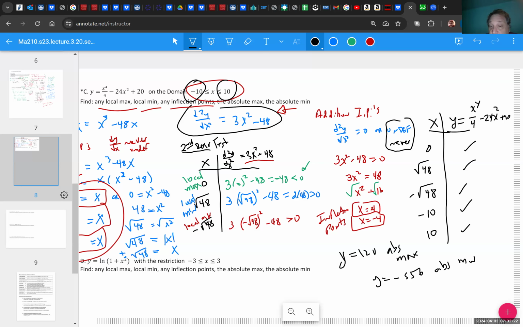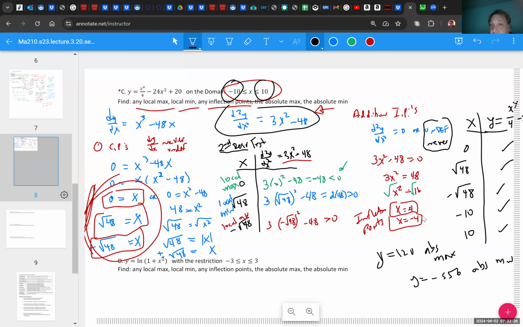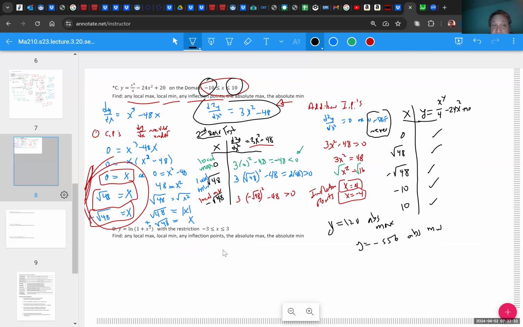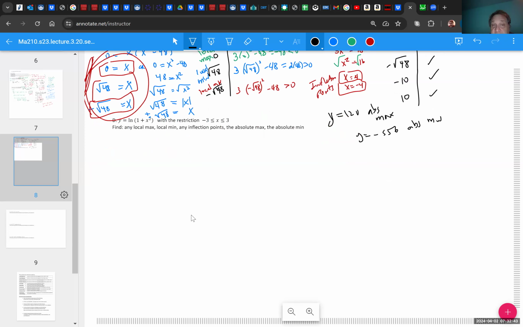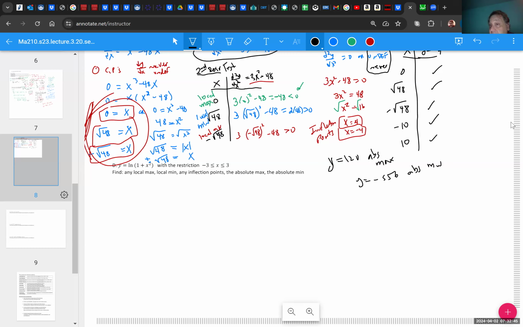All right, so there's hopefully a nice little review also of finding local max, local min, inflection points, and absolute max and absolute min. All right, well, I got some more examples of those things. And for these ones, I'm going to, once again, invite you to try them. And I'm not going to do them step by step. I'm going to invite you to work on it. And then I will show you my completed solution and go over the steps afterwards.